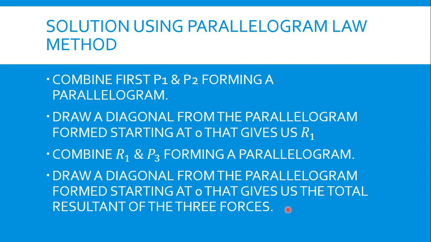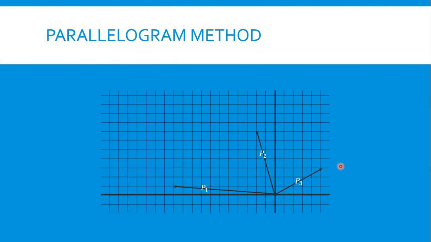So according to the solution of the parallelogram method, we must first combine P1 and P2 to form a parallelogram. And then next is to draw a diagonal from the parallelogram starting from 0, starting from here up to here, so that we could get resultant 1.